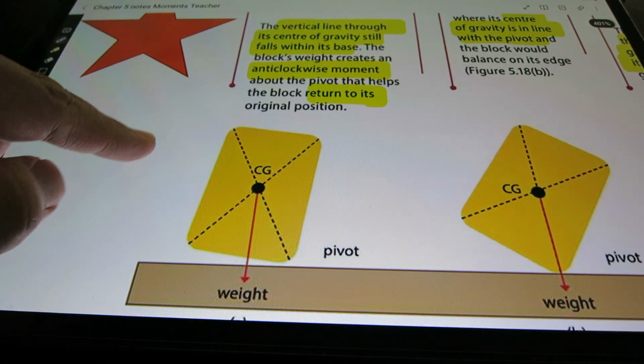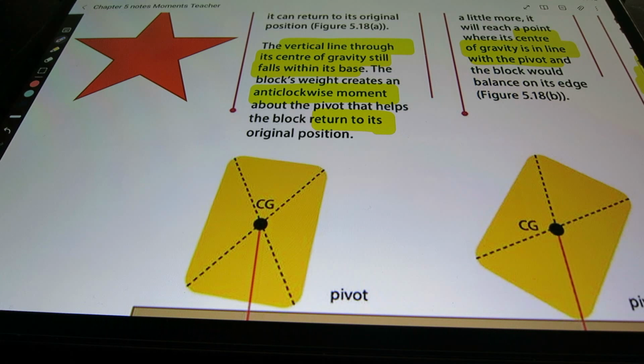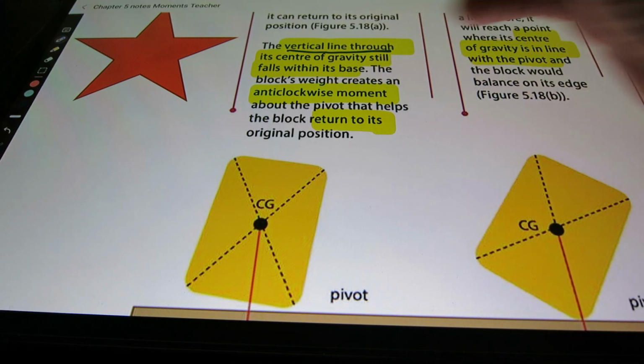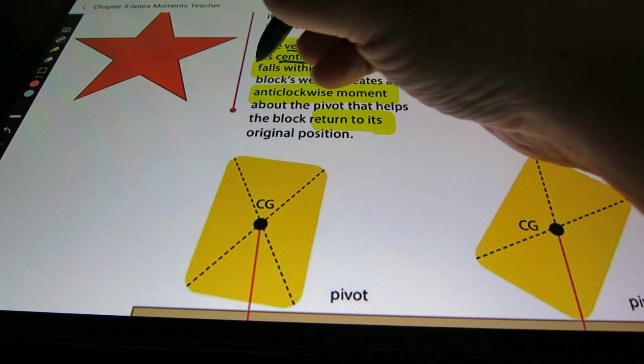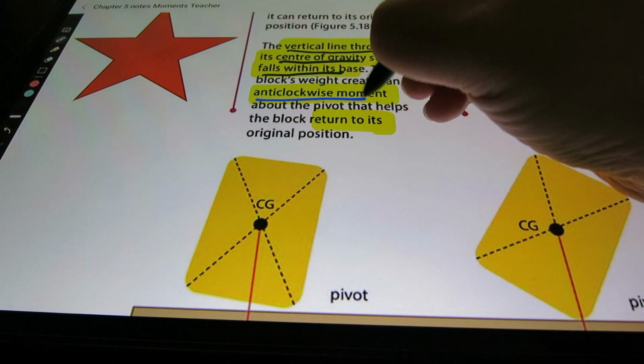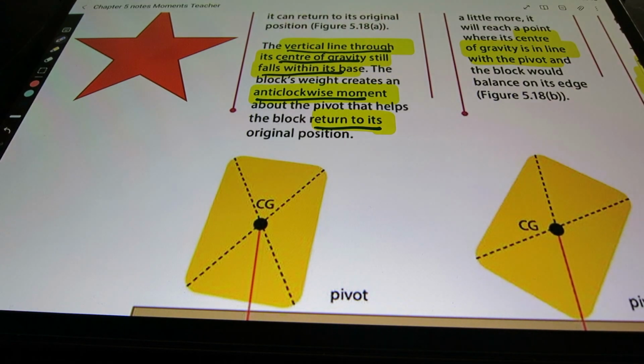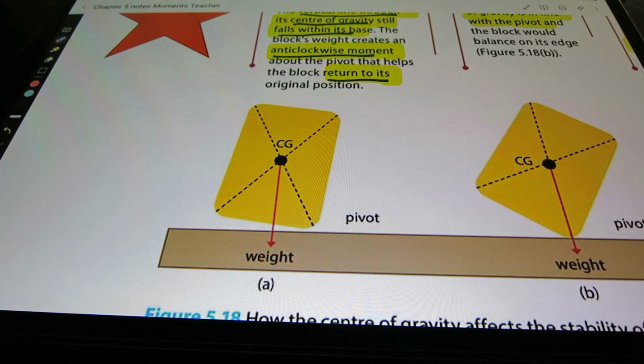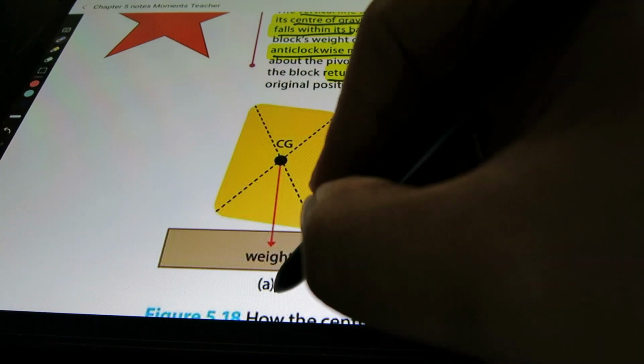Now, when does an object return back to its original position? An object returns back to its original position when the vertical line through the center of gravity falls still within the base area. Then this will create an anti-clockwise movement which will cause it to return to its original position. So let me explain. The weight acts from the center of gravity.